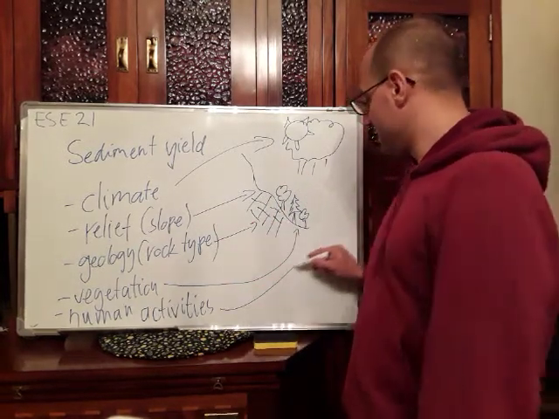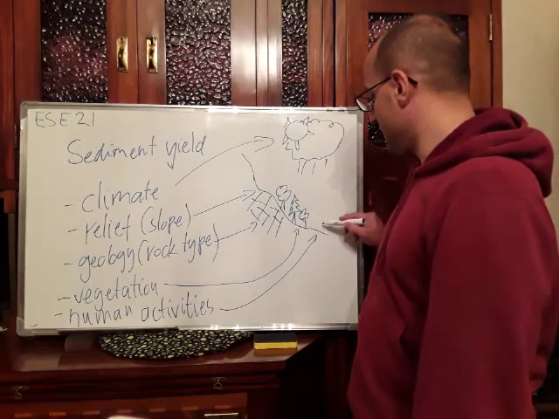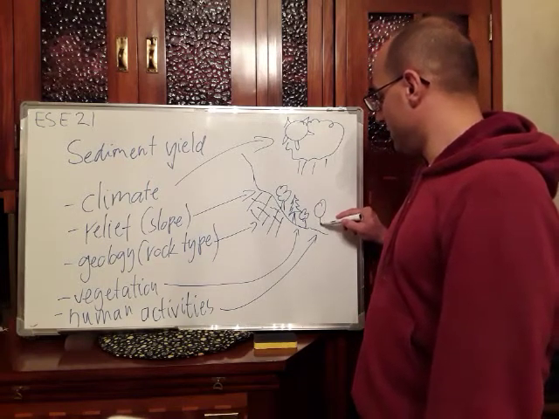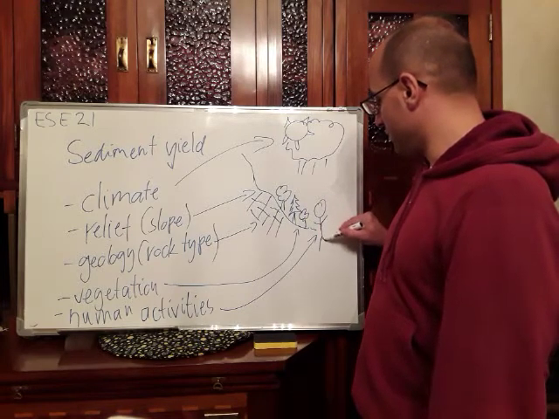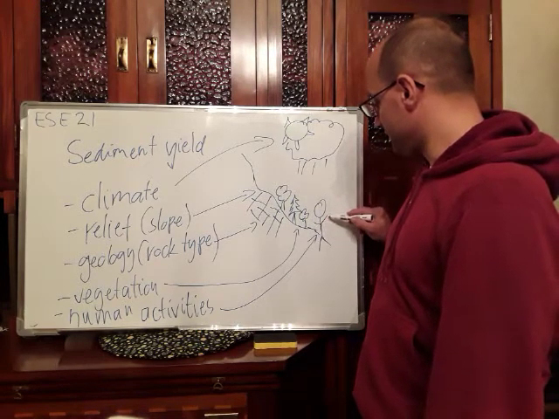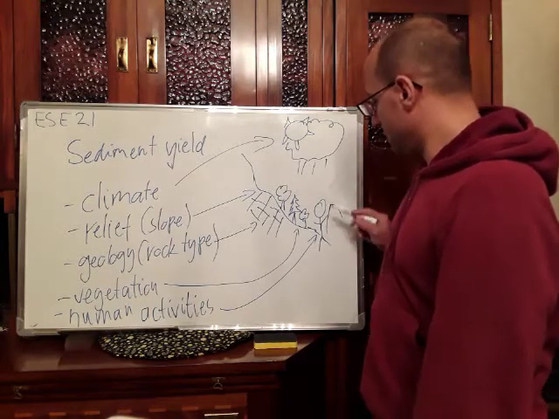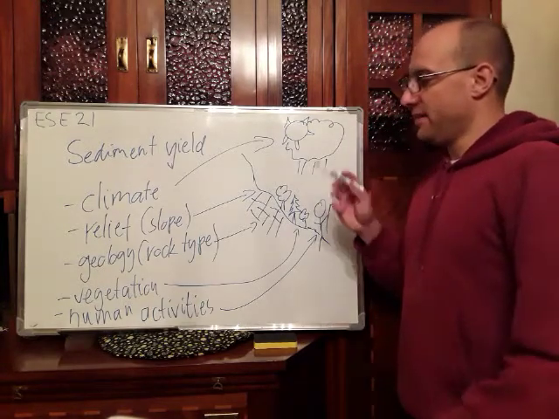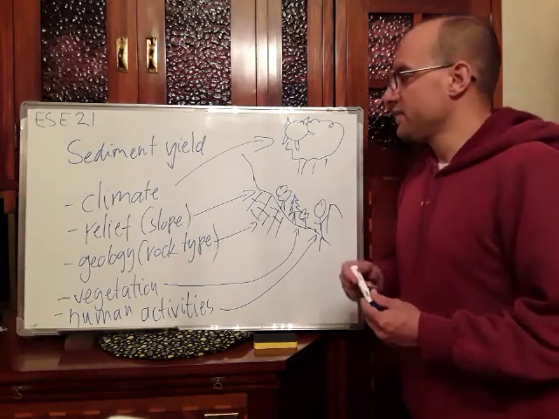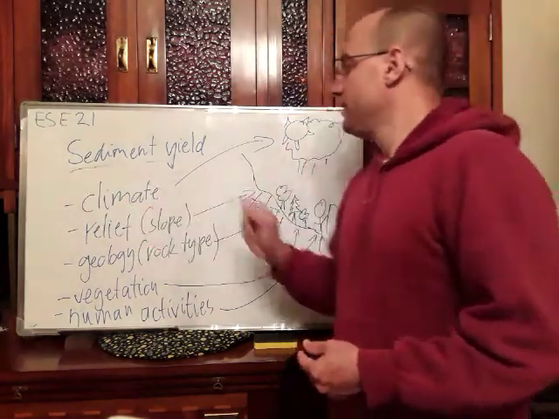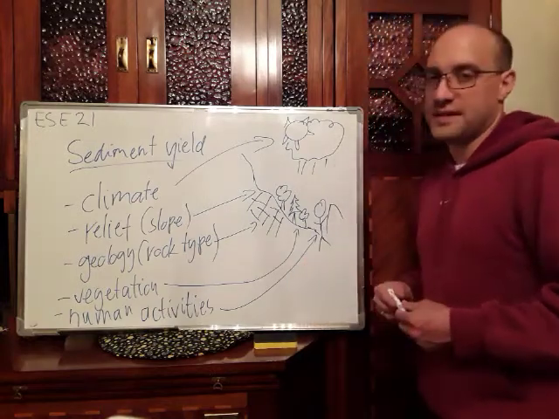And finally, here we can think about human activities as well. So how humans, you and me, or farmers who produce food for you and me would behave and act as an agent to the landscape. These are just very briefly controls to the sediment yield.